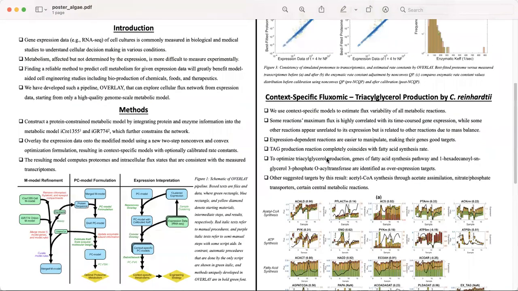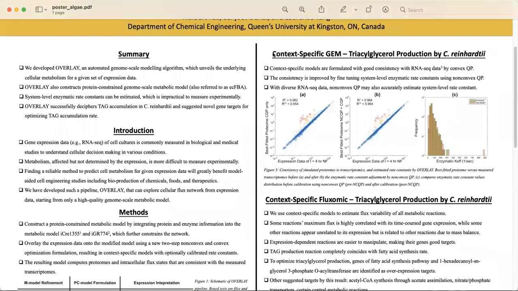Next is the non-convex and convex QP, which we call two-step QP.